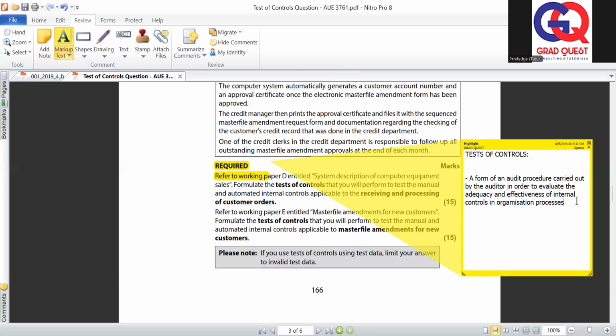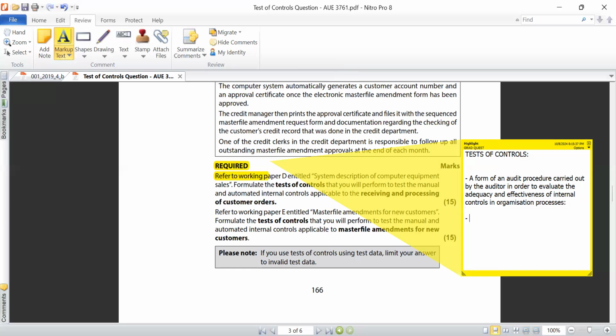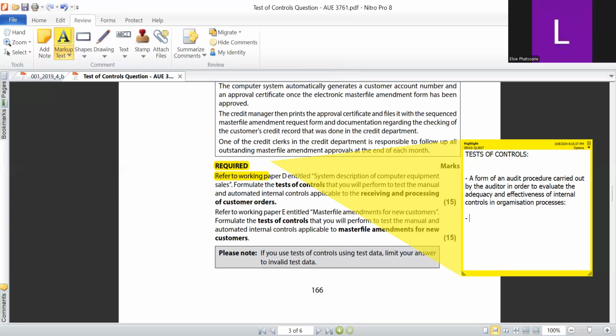Very important, because to understand organizational processes, what they would give you mostly in the exams, especially in a system description, will be a form of a business cycle that they would describe in the context of an exam question.